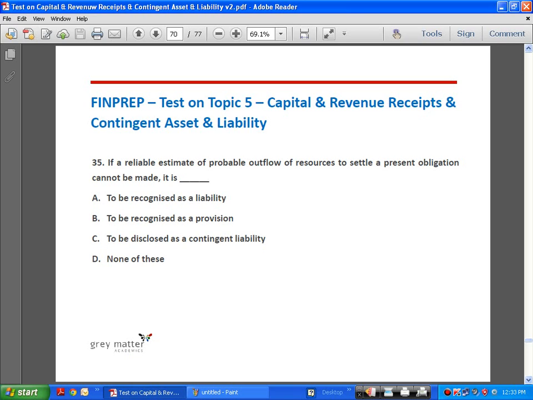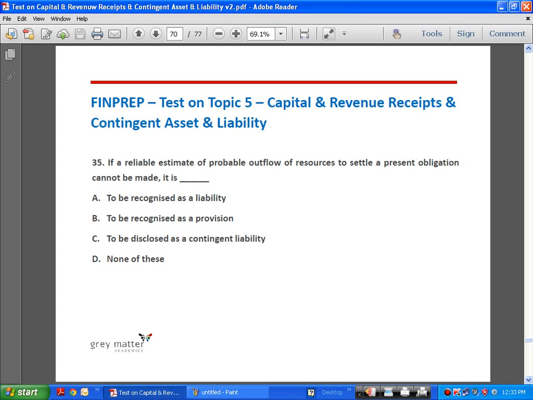Next, if a reliable estimate of probable outflow of resources to settle a present obligation cannot be made. For example, let us say that there is a suit against a company. Somebody has filed a suit against the company, and the proceedings are happening in the court of law, but it is uncertain as to who will win the case.